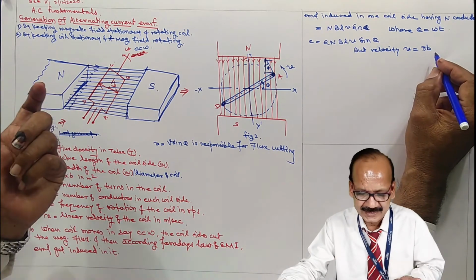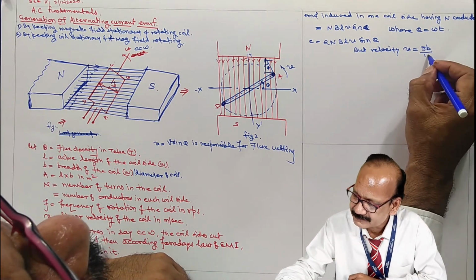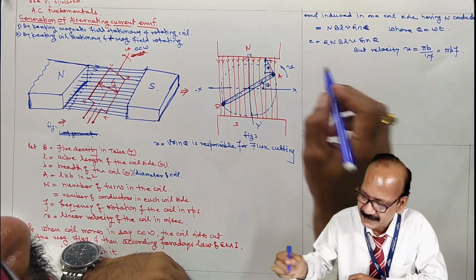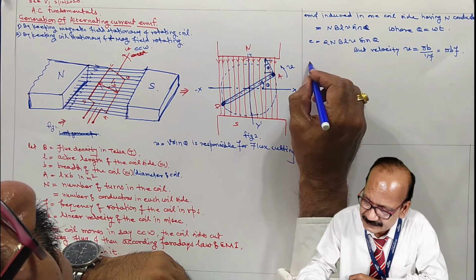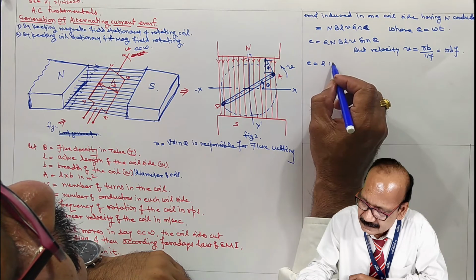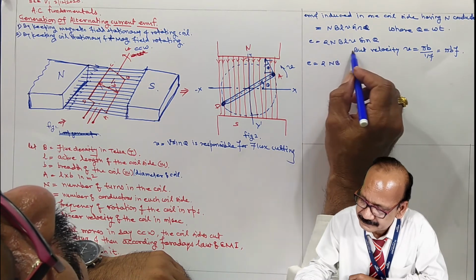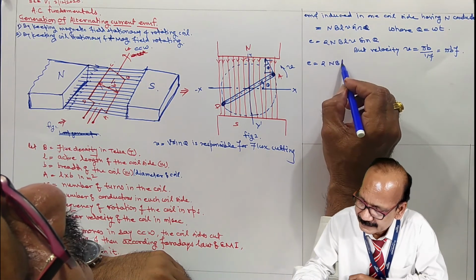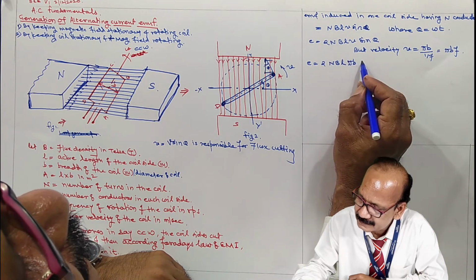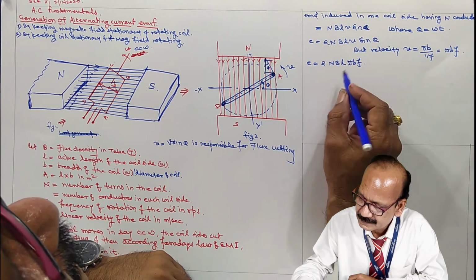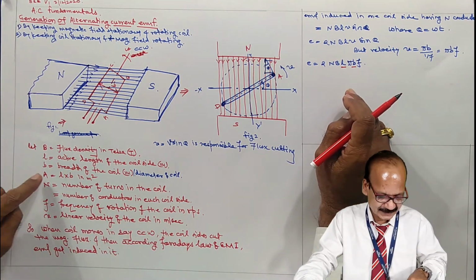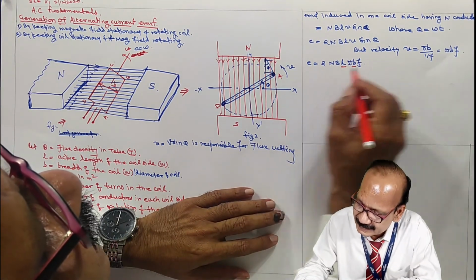Divided by time required to make one revolution, that is 1 upon f, equal to pi b f. Putting this value of velocity here, equal to 2 times N B L pi b f. Now here the product of L and b is nothing but area.